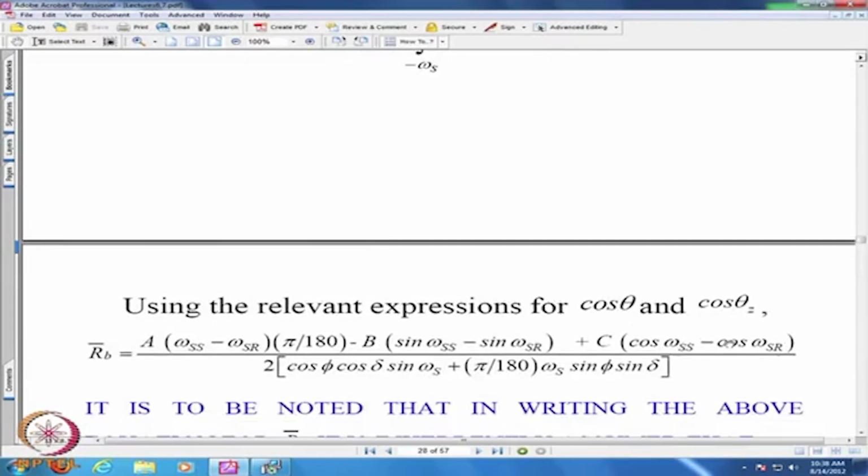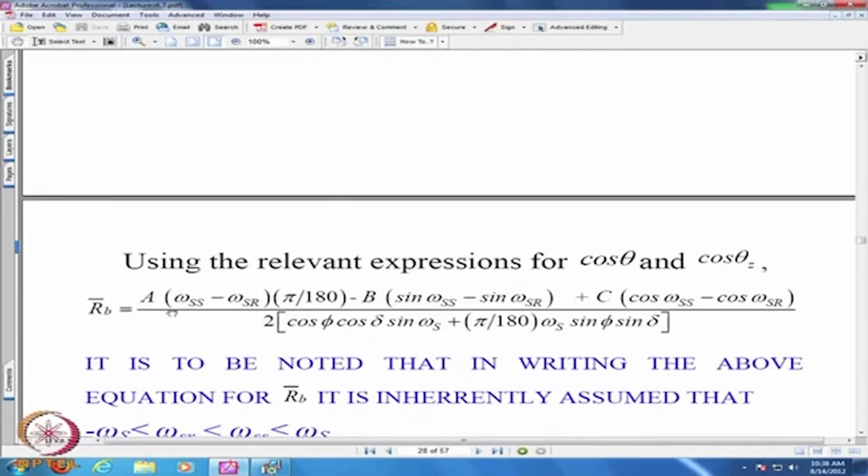But this is a very simple thing. Now, I can put down that, with cos theta equal to a plus b cos omega plus c sin omega, the integral is a into omega ss minus omega sr, b into sin, c into cos. And I have put this pi by 180 to emphasize that omega ss and omega sr, if they are in degrees, you have to use the conversion factor of pi by 180.